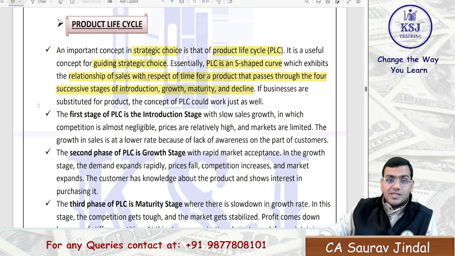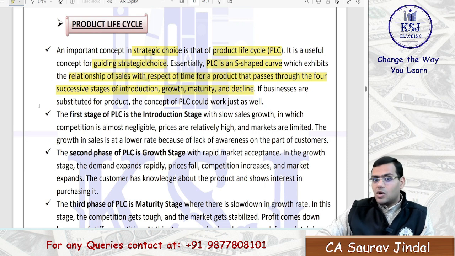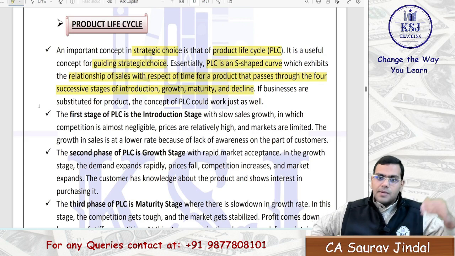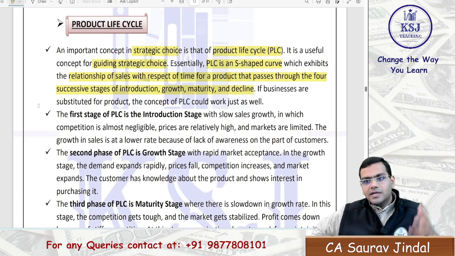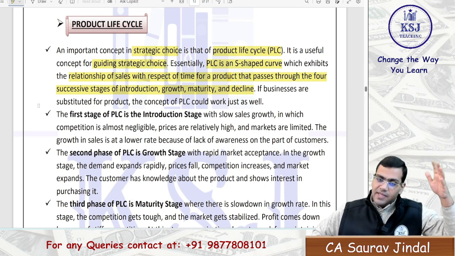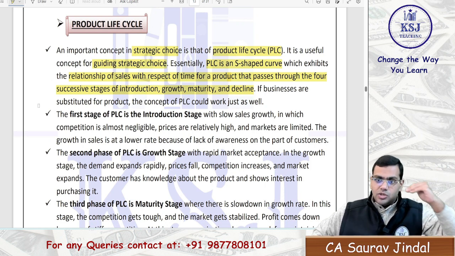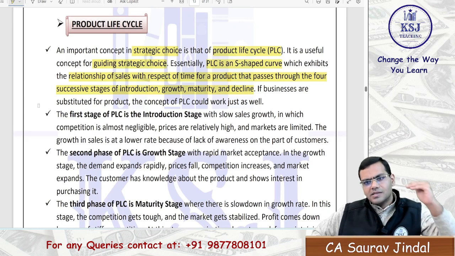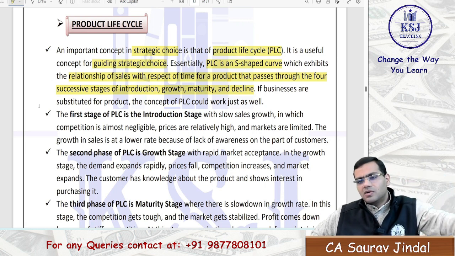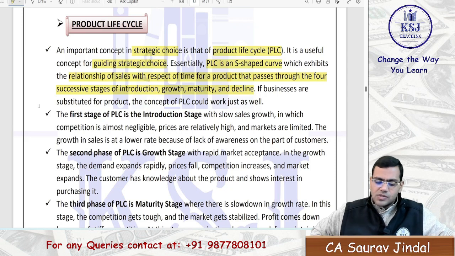There are different stages at which the business is operating. Initially they might be growing at a slower pace, then once the market is established, the business might be growing at a faster pace. Then a time will come where there is a saturation level. We are neither growing nor declining, but after that there will be a point when we will be on the decline, because we are not going for any innovations. We are just making the product.